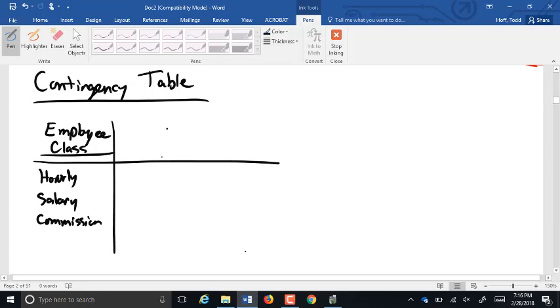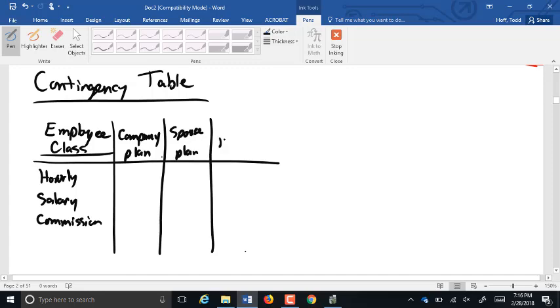You want to look at how they do their health insurance. Do they take the company plan? Are they on a spouse's plan? Or do they just float with no insurance?